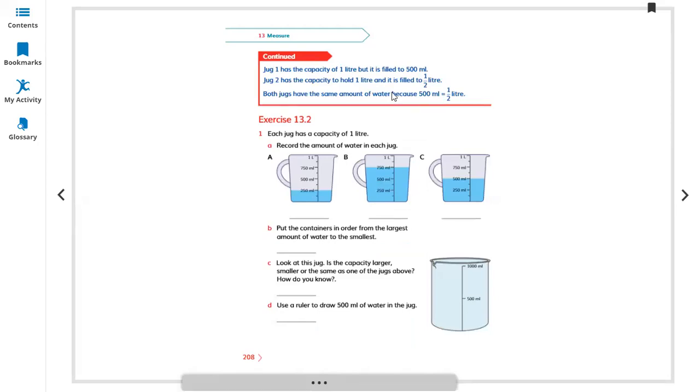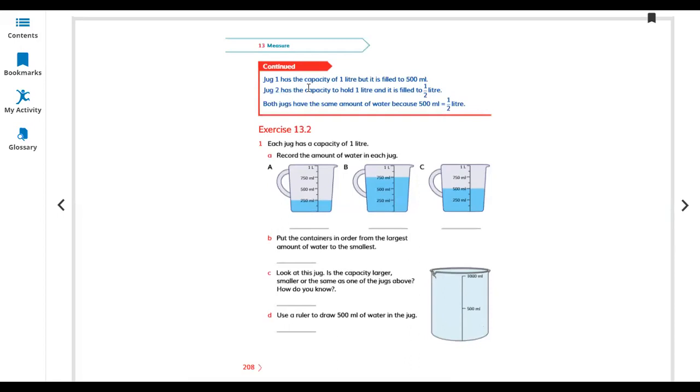Jug 1 has a capacity of 1 liter, but it is filled to 500 milliliters. Jug 2 has the capacity to hold 1 liter, and it is filled to half a liter, 1 by 2 liter. Both jugs have the same amount of water. Each jug has a capacity of 1 liter. You can see 1 liter, 1 liter, 1 liter.